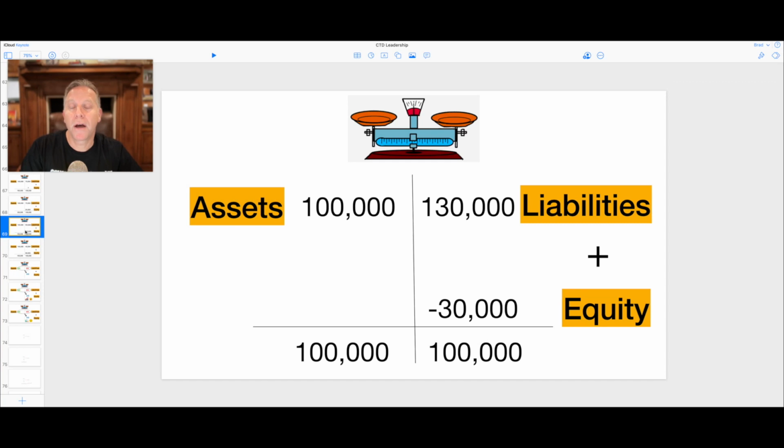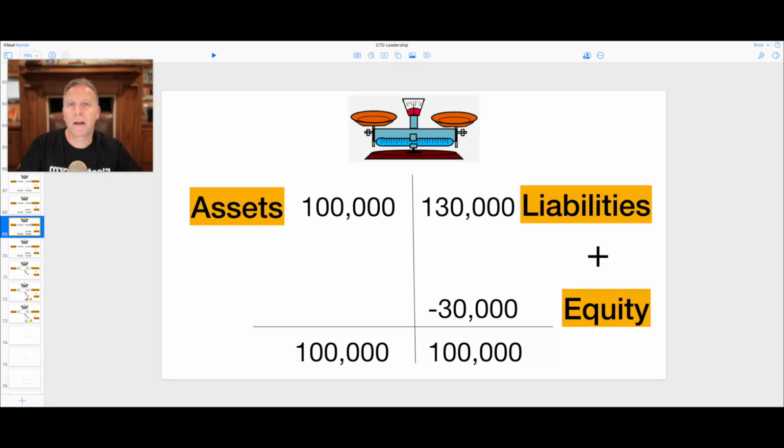What if we did something other than this? Let's use another example. Let's say the assets are 100,000, but the liabilities are 130,000, much higher than the 75,000 before. Now, in order to make this balance, the equity has to be negative 30,000. This means that the owner has a business that's underwater. Imagine you bought a $130,000 car, brand new, and you financed 100%.